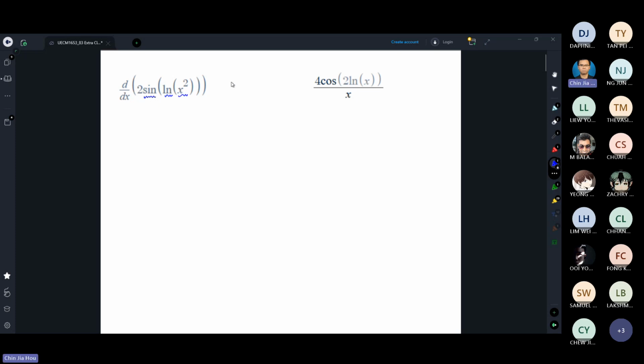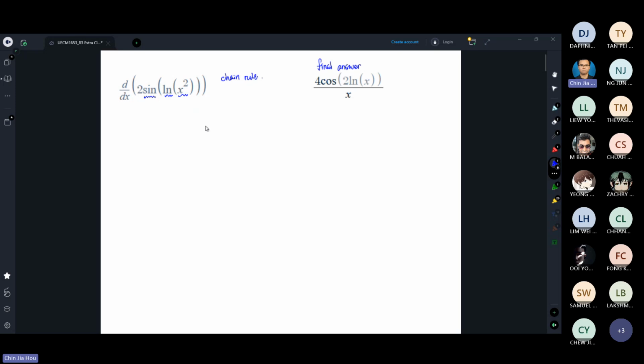So in this case, we are expected to use a lot of chain rule. Okay, this is the final answer. So let's see how we can actually get this answer by doing it step by step.